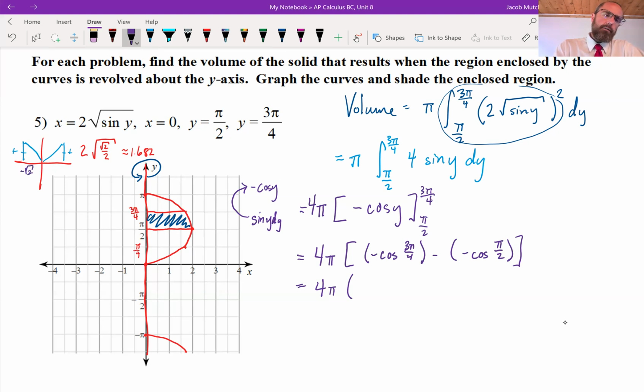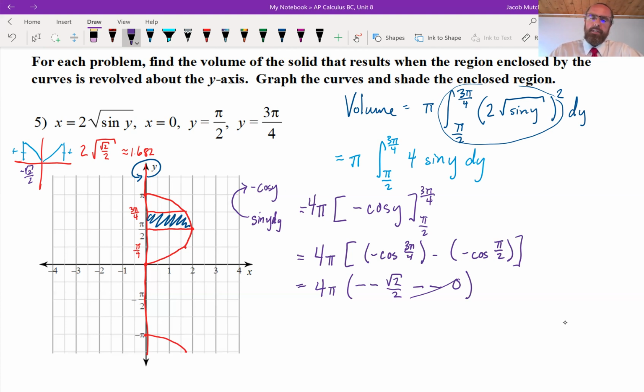I can see it over here on my unit circle sketch. So this is going to be negative from the sign in front of cosine times negative square root of 2 over 2. And then minus negative cosine at pi over 2, that's at 90 degrees, is 0. So all that second part is going to go away. The double negative is going to resolve as a positive.